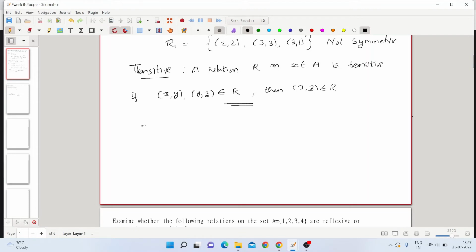Now another example, S equal to {(1, 2), (2, 1), (2, 3)}. This is not a transitive relation because (1, 2) is there, (2, 1) is there, but (1, 1) is not there. So this is not a transitive relation.